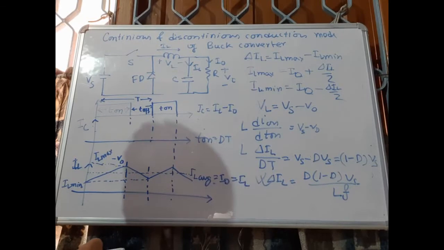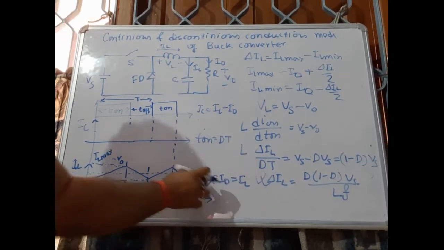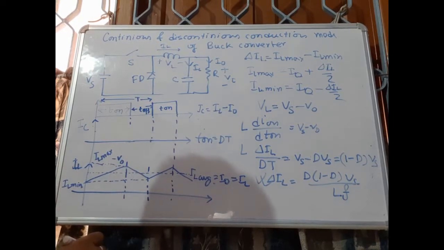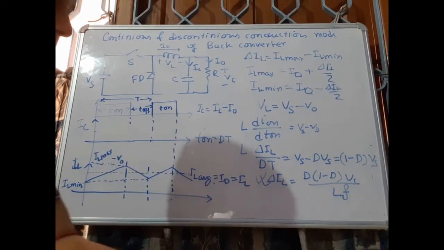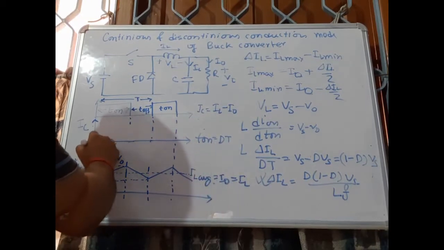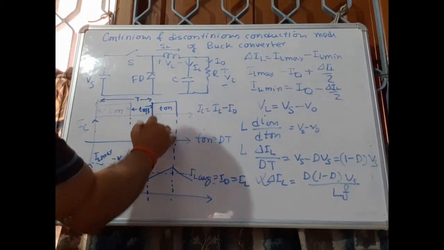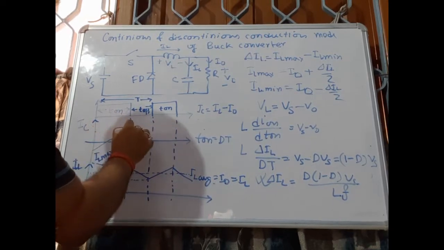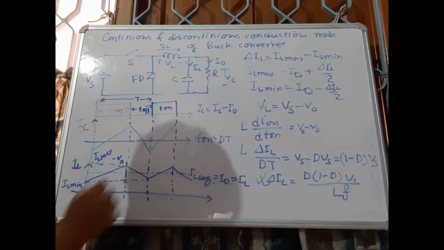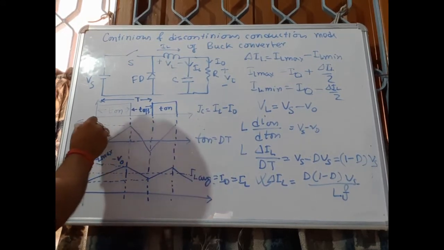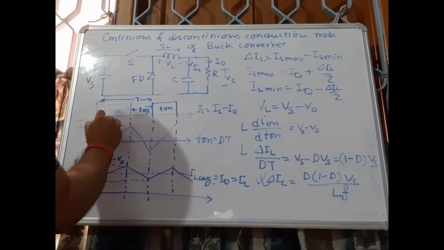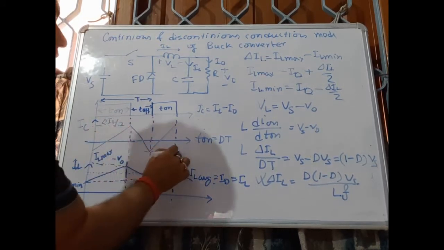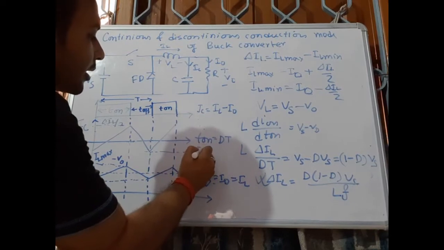This is IL, and minus I naught, and this will be your IC, and this value is equal to delta IL divided by 2, and this value is minus delta IL by 2.